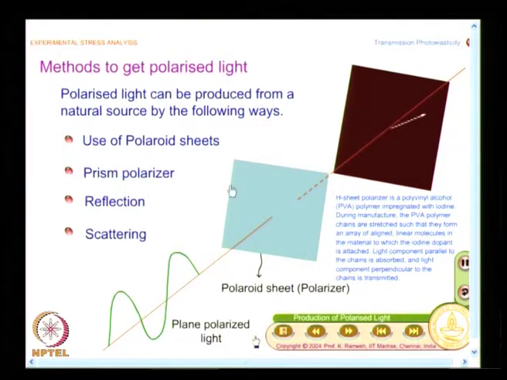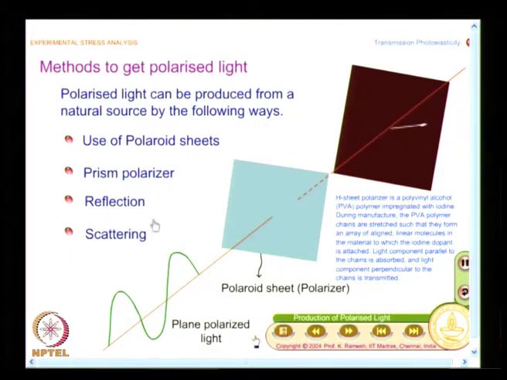And we have also seen polarization can be achieved by Polaroid sheets, prism polarizers, reflection or scattering. We said that with a prism polarizer, the polarization quality is very high, but the field of view is very small. On the other hand, with Polaroid sheets you get almost 99.9% polarization. The greatest advantage is the field of view can be as large as even 1 meter.